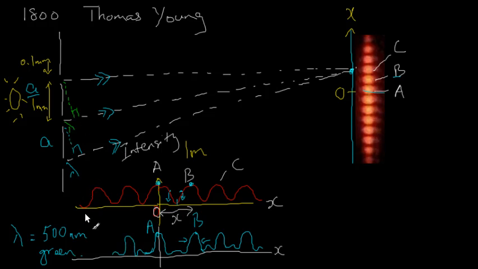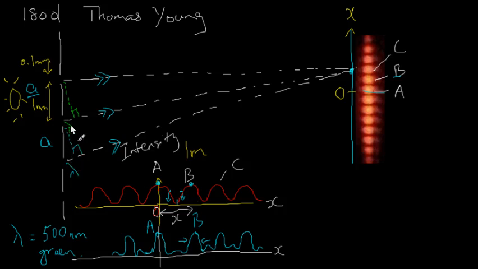And what happens if I add even more slits? If I add another slit up there, if I add some more slits down there, then if we repeat the same reasoning, we would expect that at the center of each original fringe there will still be constructive interference because the path difference between adjacent slits is the same.